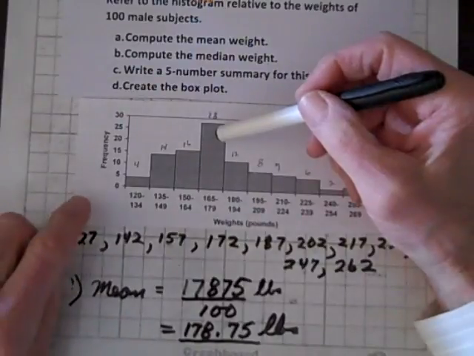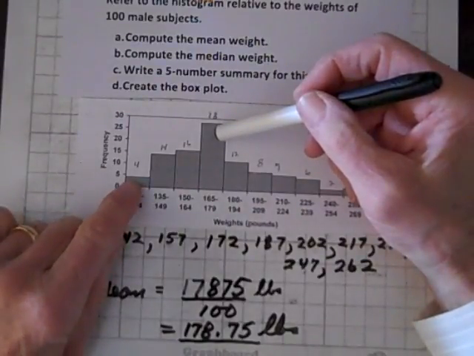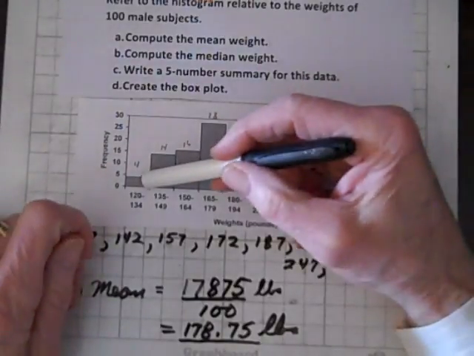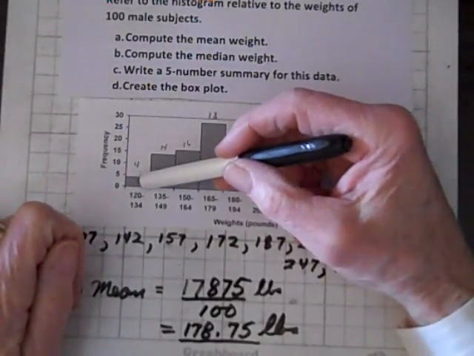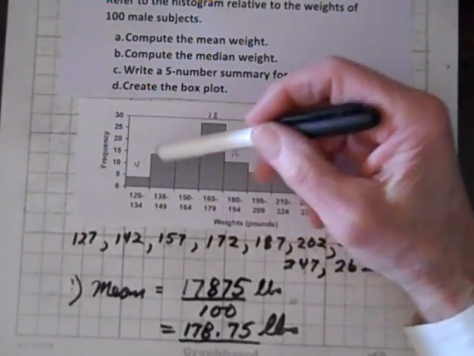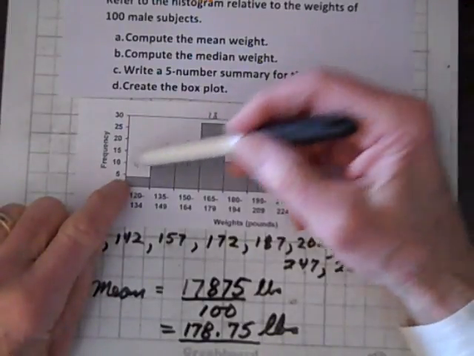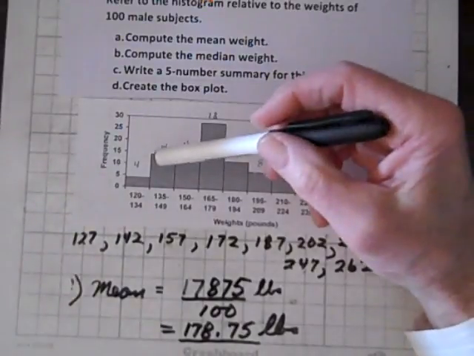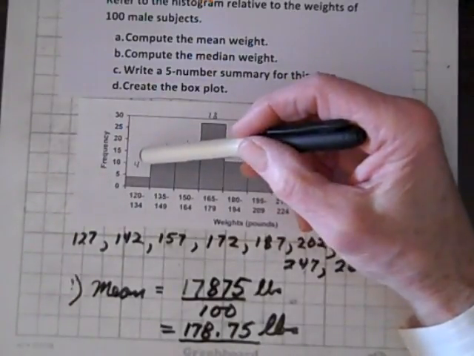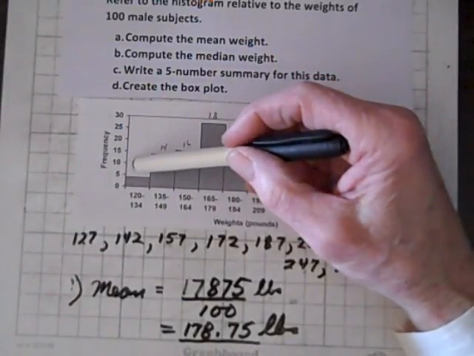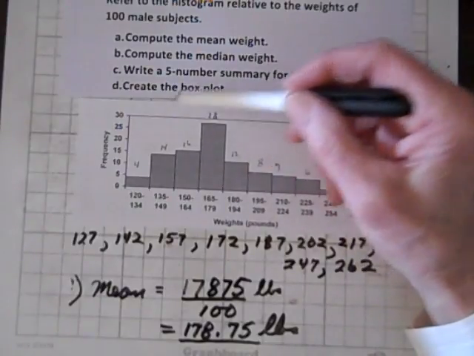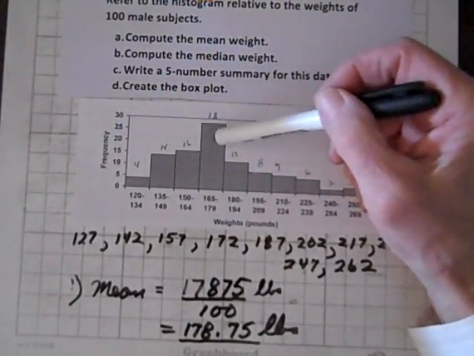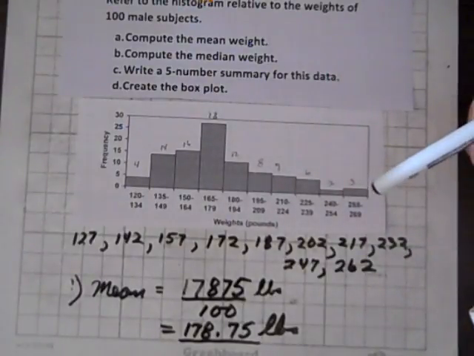Now, it's a bit problematic corresponding the correct frequency or the correct number of gentlemen in each interval when you look across at this vertical axis. So I measured and came up with 4 gentlemen in the first bin, 14 in the second, 16 in the third, 28 in the fourth, and so on.